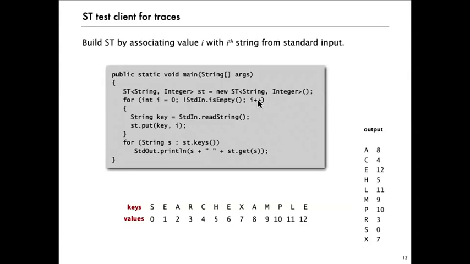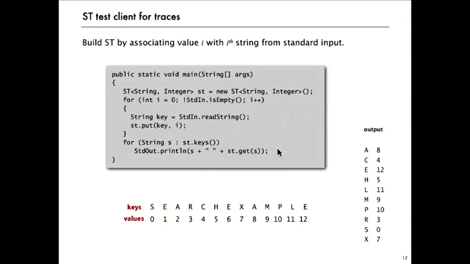And so what the test client is going to do is go in a loop as long as standard input is not empty. It's going to read a string off standard input and put it in the symbol table associated with the value i, where it appeared in the input. So this is an indexing client where we associate each string with its most recent position in the input.